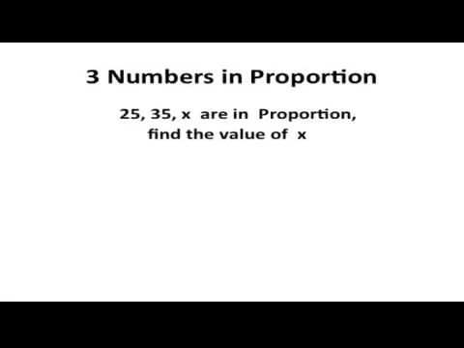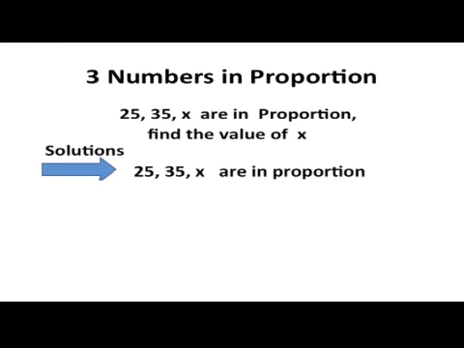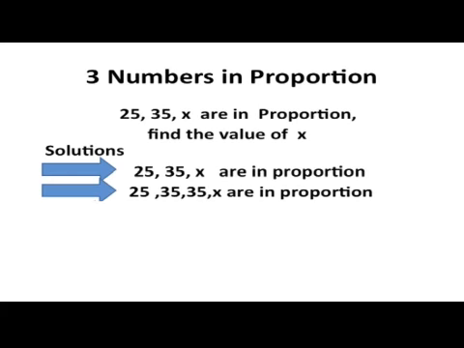Now coming to an example. If 25, 35, x are in proportion, find the value of x. Coming to the solution, 25, 35, x are in proportion, therefore 25, 35, 35, x are in proportion.